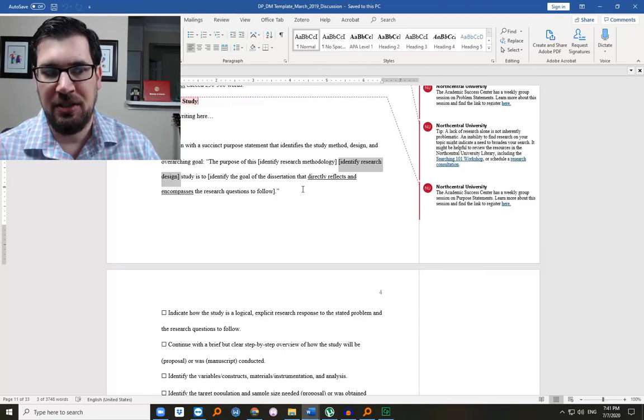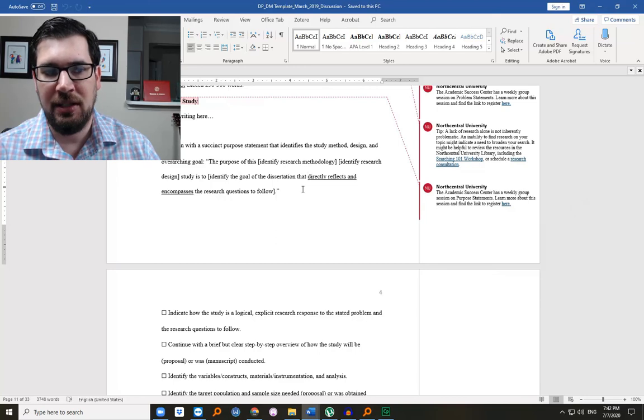And then I just mentioned some quantitative options. This language is going to reflect the methodology that you've chosen. If it is phenomenological, you'll see the language change a bit more. It might say lived experiences, whereas a case study might say perceptions.